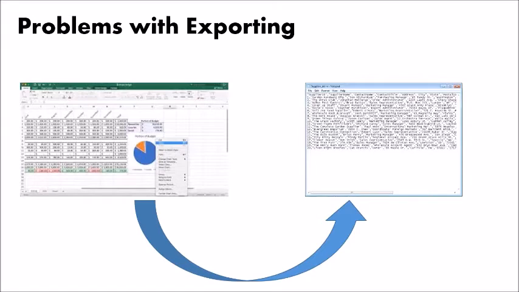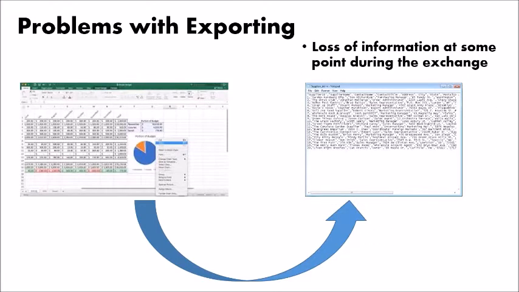The computer might not know the difference between these two things right in front of you. The information is the same as far as the computer is concerned, but there's been loss of information along the way of the exchange, and the second one doesn't look like the first one, and it isn't going to be useful to people trying to use that information in a construction project.